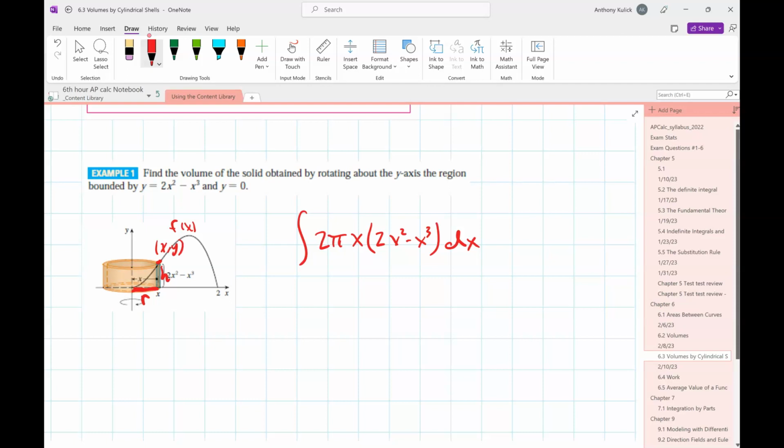And the radii for my cylinders should go from 0 to 2. What about the delta r? The delta r is the dx, right? Oh, okay.